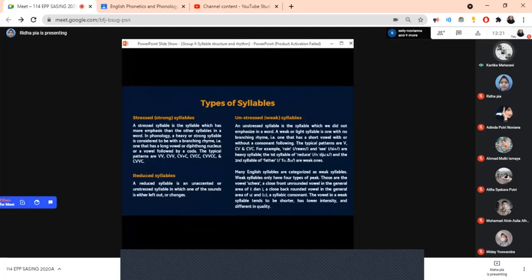Those are the vowel schwa, a close front unrounded vowel in the general area of i, a close back rounded vowel in the general area of u, and a syllabic consonant. The vowel in a weak syllable tends to be shorter, has lower intensity, and is different in quality.